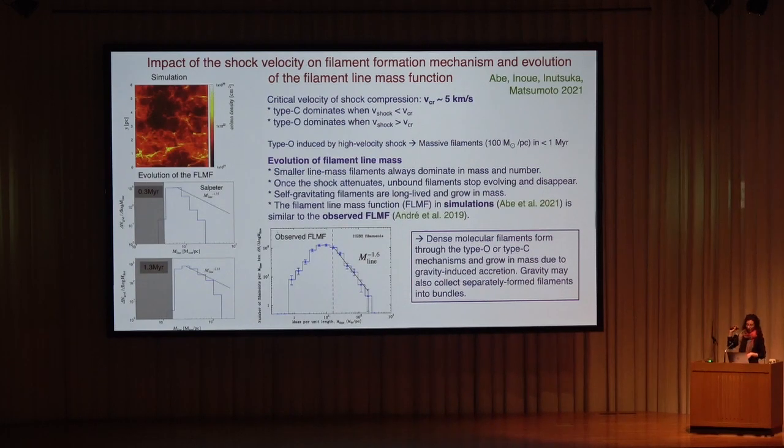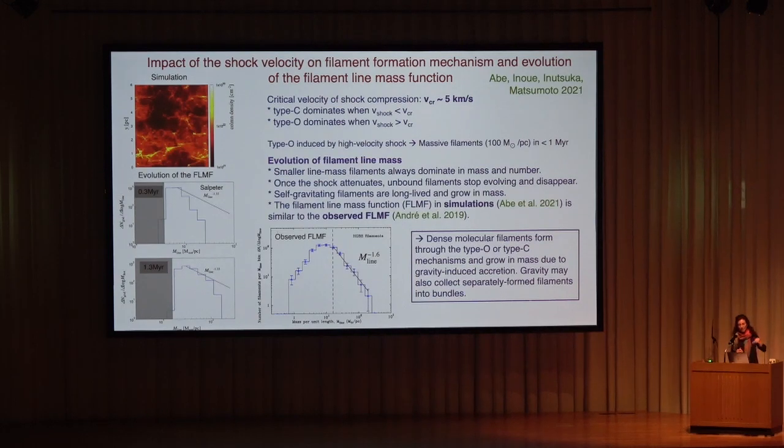As you can see on this filament line mass function, the small line mass filaments always dominate in mass and in number. The evolution of these filaments depends on the time scale of the shock. Once the shock attenuates, unbound filaments stop evolving and disappear through turbulence.